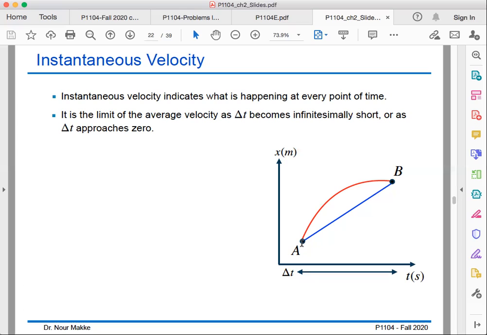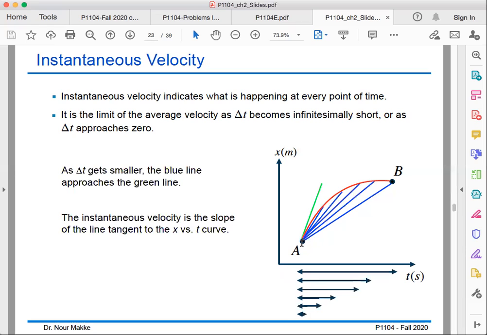In other words, it's the time at which we are at the given position A. So that's what we do here. If we move along this red curve, we are getting closer and closer to the point A, up to the point where we are sitting on the point A, because this is the point where we want to determine the instantaneous velocity.